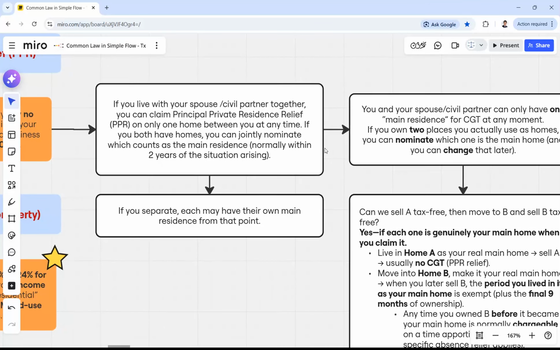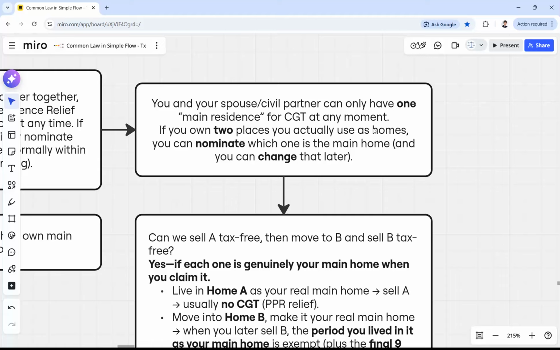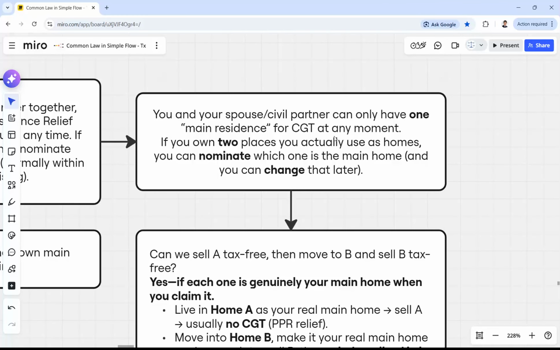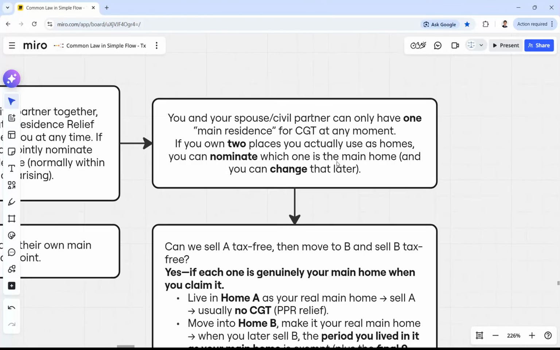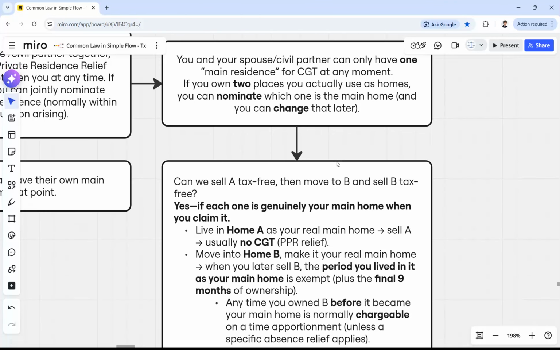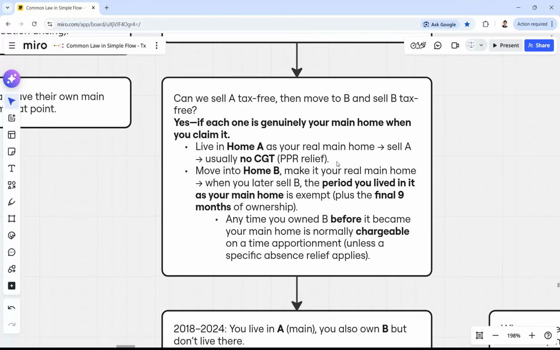So within 2 years, you need to nominate which was your main home. You and your spouse or civil partner can only have one main residence for capital gains tax at any moment. If you two own two places you actually use as homes, you can nominate which one is the main home, and you can change that later.